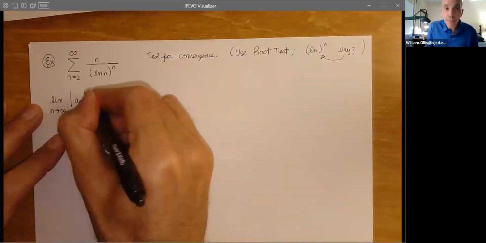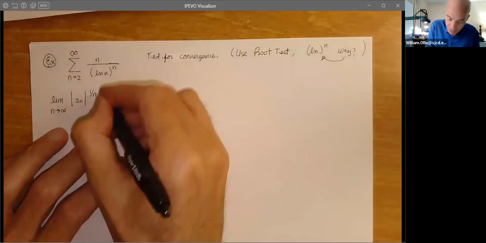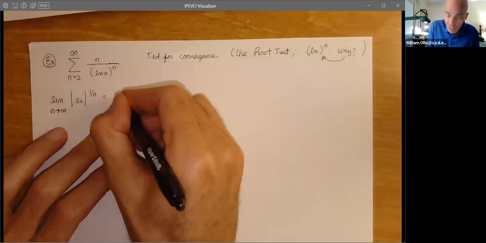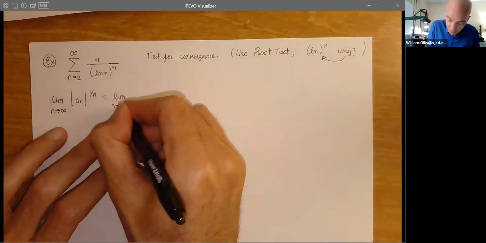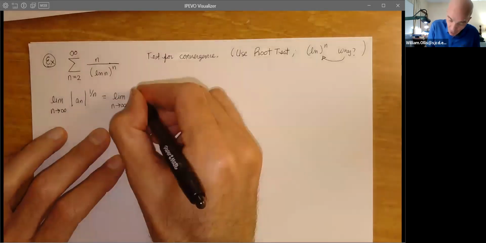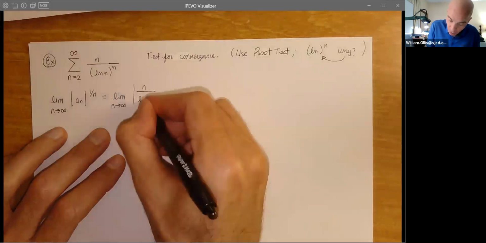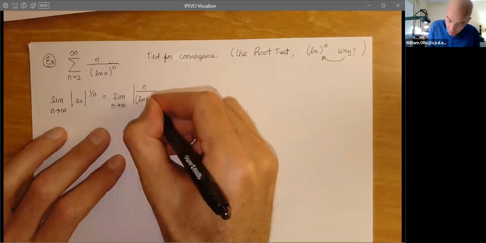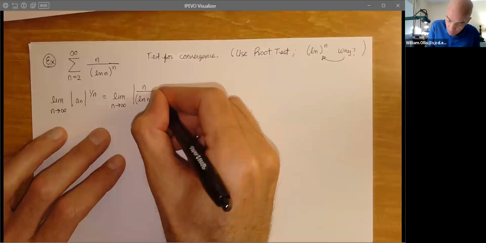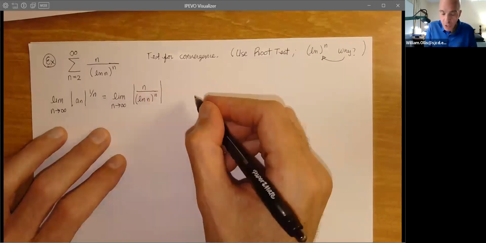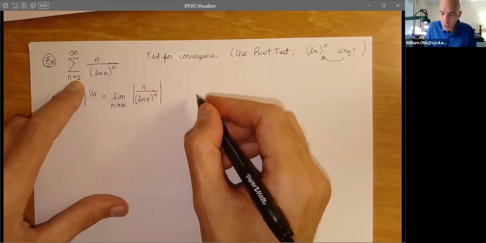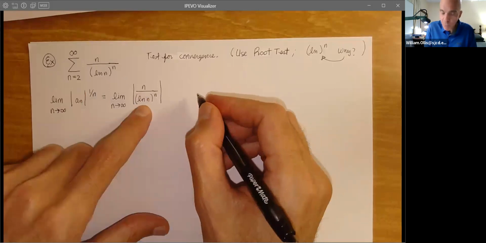nth root. So this will be the limit as n approaches infinity of the absolute value of n divided by the natural log of n to the nth power. Now, of course, n starts at 2, so the natural log is positive, and of course, n is positive.